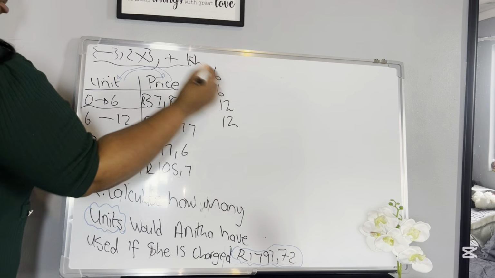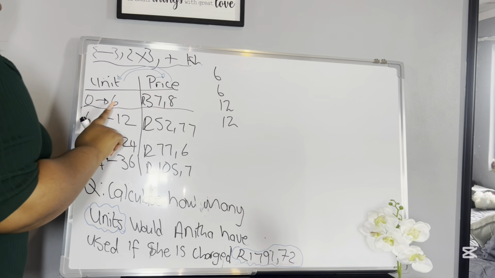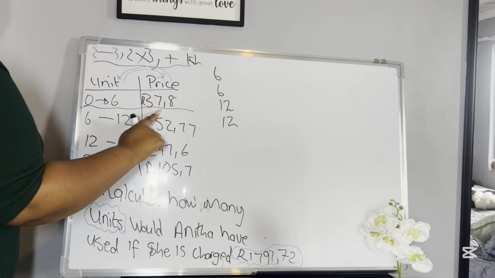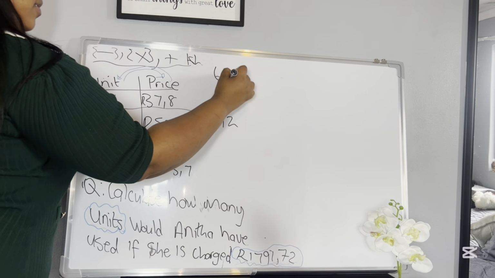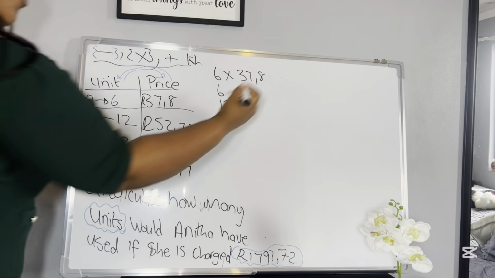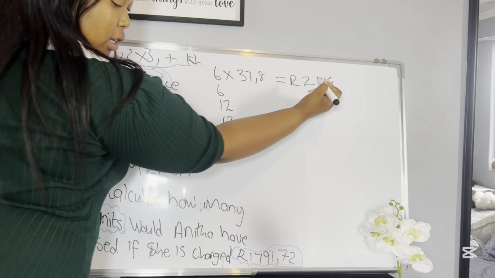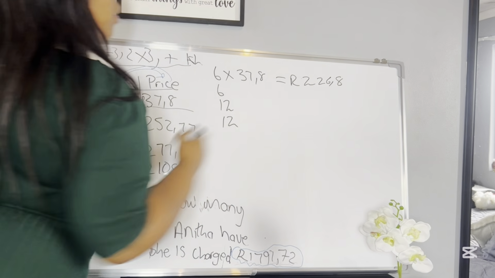Then after checking the difference, you know already that step number 2 is to multiply your units with your prices. So you got 6 from the first step, so you say 6 times 37.8, which will give you 226.8.